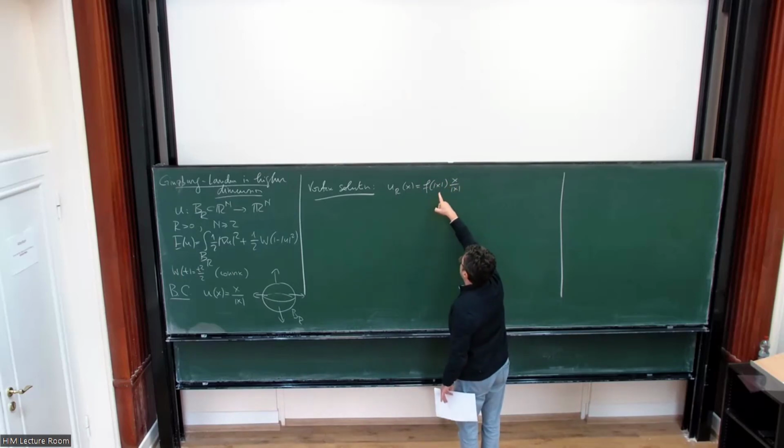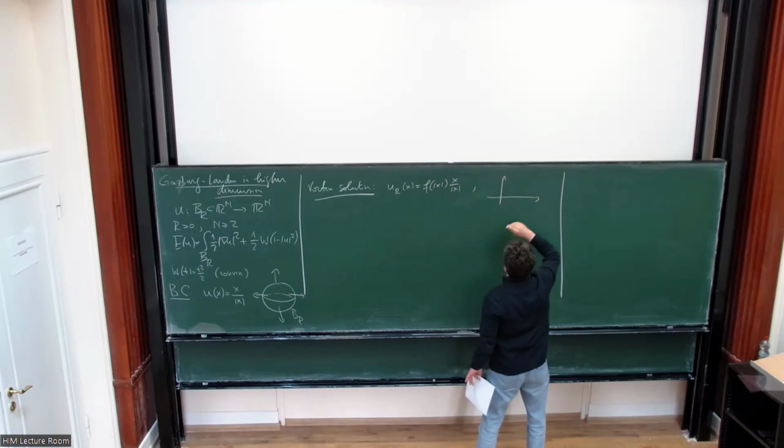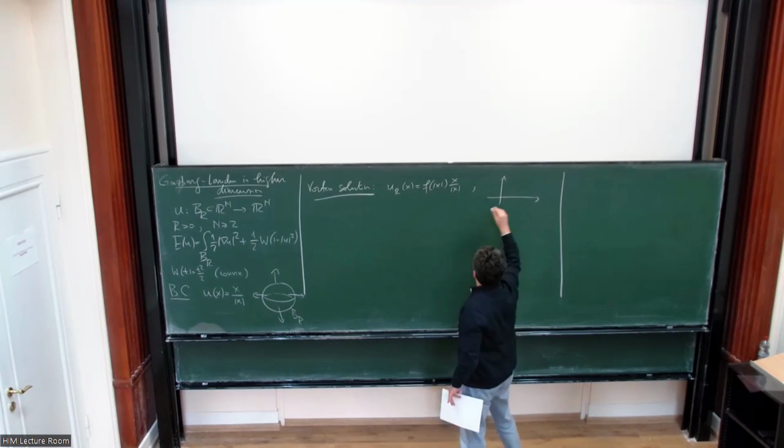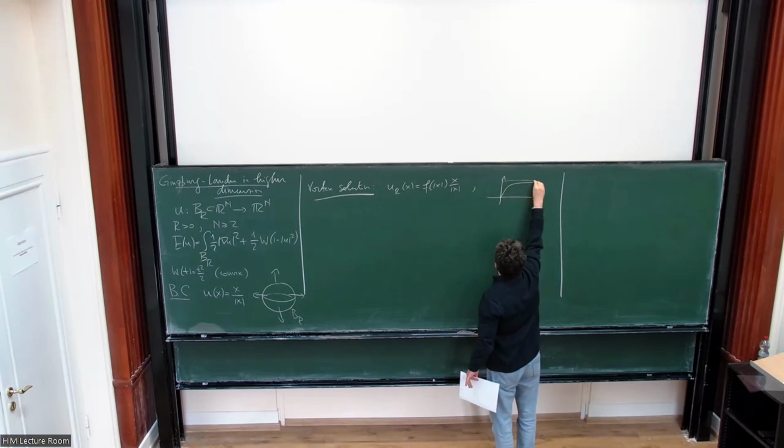Okay, and so this profile is the same. You remember that in 2D, when we had degree d, this was like a power of the radius. So here the degree is 1, so you are linear, and then you go like this to 1.